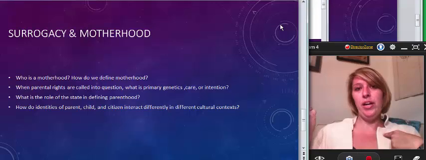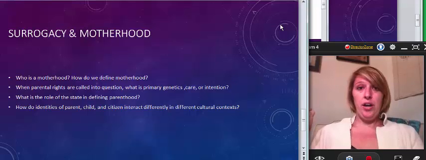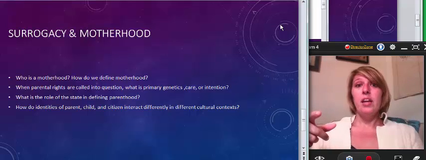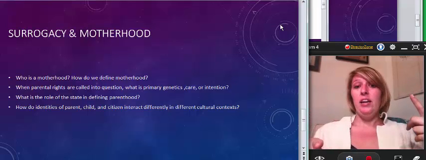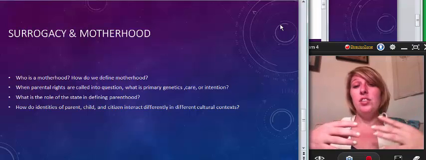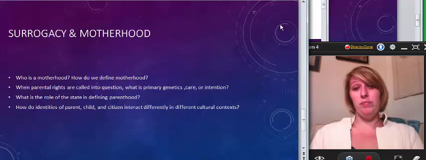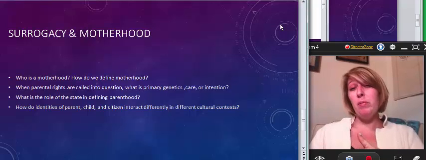Jamaica has donated an egg to Sarah, who is trying to have a baby, who is having that baby gestated by Ilana. Ilana, the surrogate, decides that she's in love with this baby when it's born. And she's really provided all the care. I mean, she's gestated it for 9 months. So when the baby's born, in terms of who's demonstrated care, Ilana's demonstrated care.